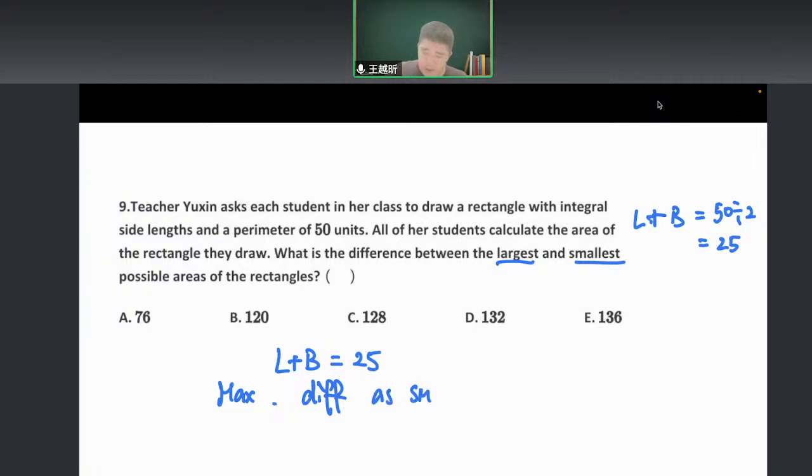The difference between L and B should be as small as possible. Okay, so what is the smallest difference in this case?